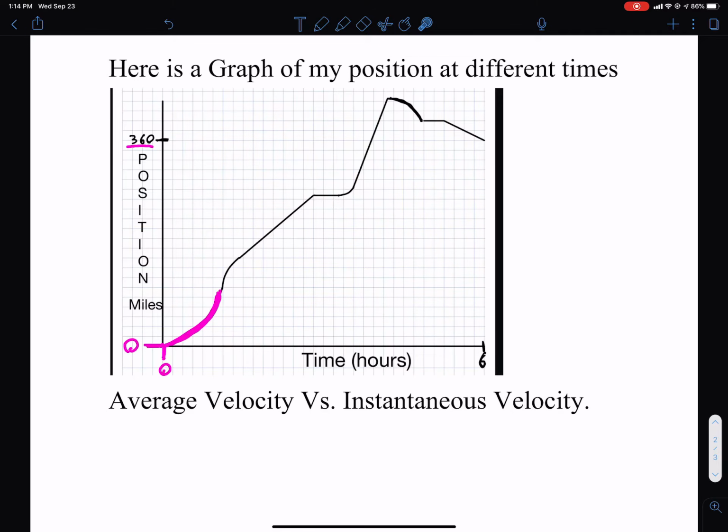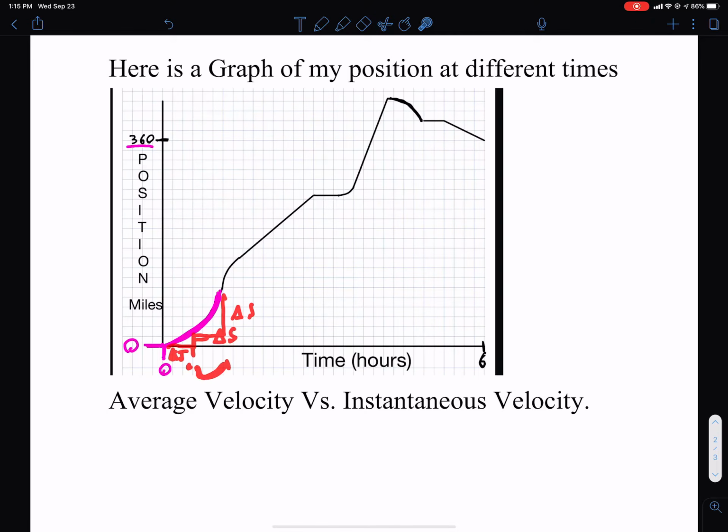Okay, let's count 3 bars over. 3 bars over, my position changed this much. That's my change in position, and that's my change in time, right? Now, if you look at the next 3 bars, I'm going to go over 1, 2, 3, and here, look, my delta S is a lot bigger. That means in the second 3, my distance changed more, my position changed more. That means I must have been traveling faster, right?